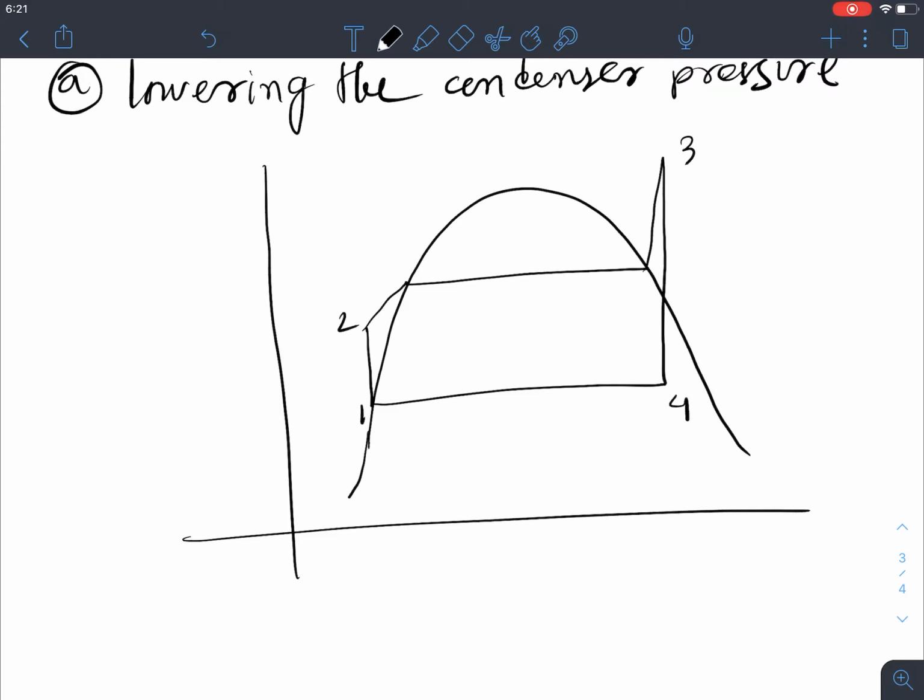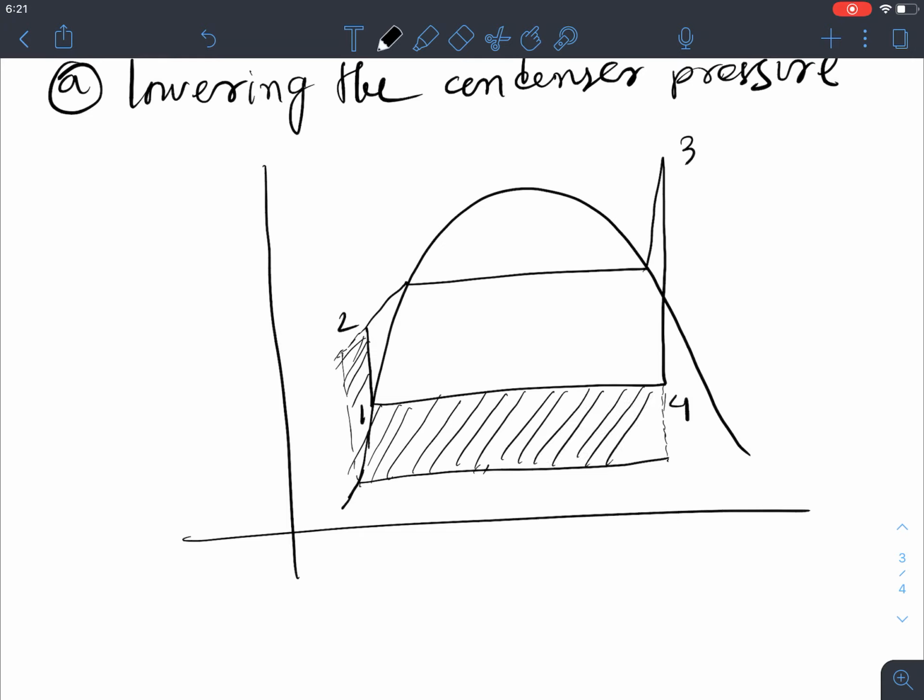However, if we lower the condenser pressure, then that line will look like this. So this is the lower pressure line.